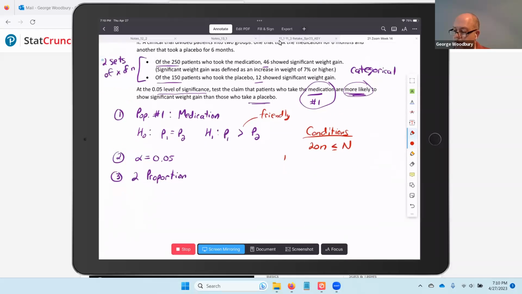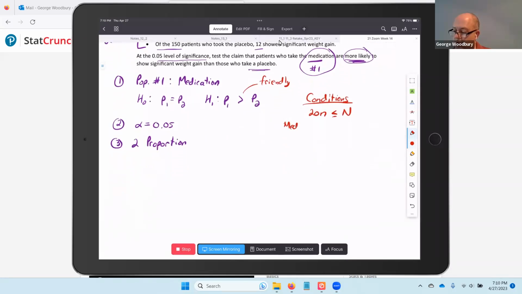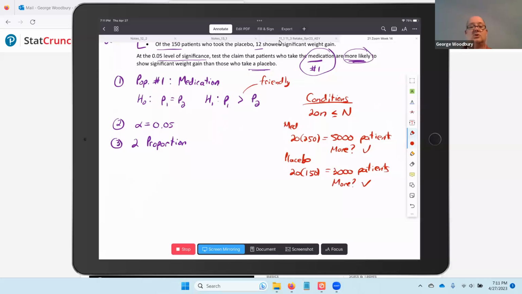For the medication, 20 times 250 is 5,000 patients or people. And are there more than 5,000 people? Yeah, we know that that's true. Then we would do it for the placebo group. That's 20 times 150, that's 3,000 patients. And again, there are more than 3,000 people. So that condition is good. So the 20N condition works.